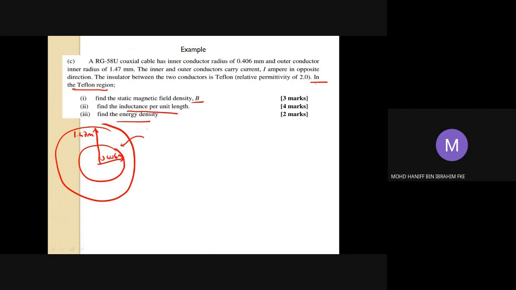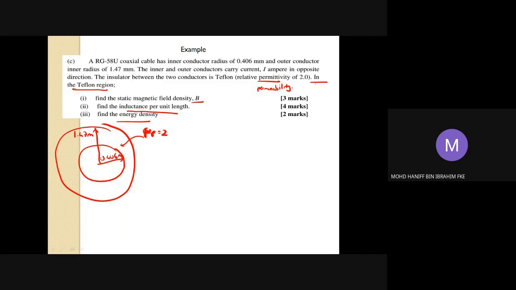The Teflon is here having a relative permittivity. I believe that this is not relative permittivity. It should be relative permeability. I'm sorry for this mistake. So that should be mu r equals 2.0.